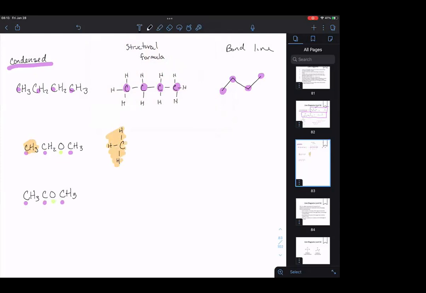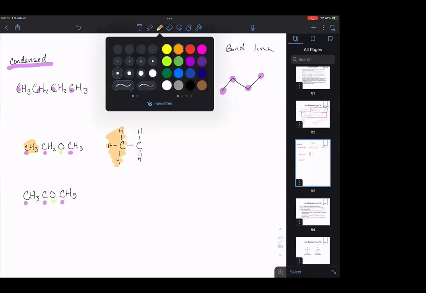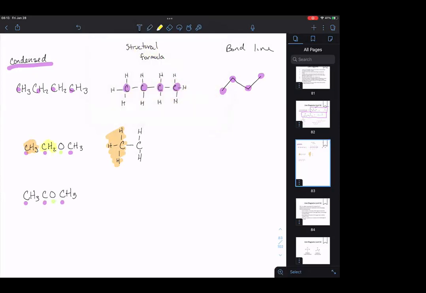Then I'm going to move on to the next one. I have a carbon, and this one has 2 hydrogens attached. So that takes care of that chunk. My next one's an oxygen. Since this carbon, the one that I colored in yellow, already has 3 bonds, that's just going to go there.